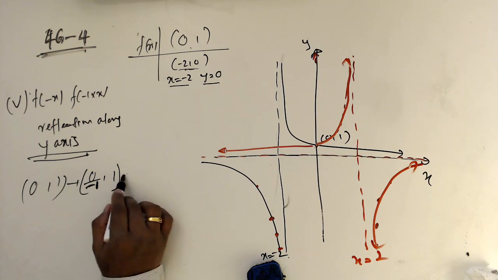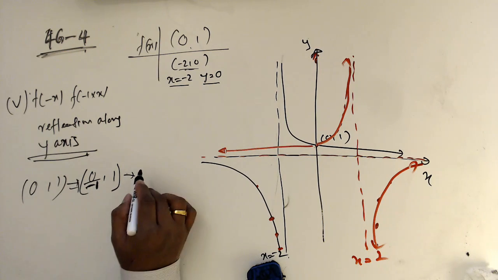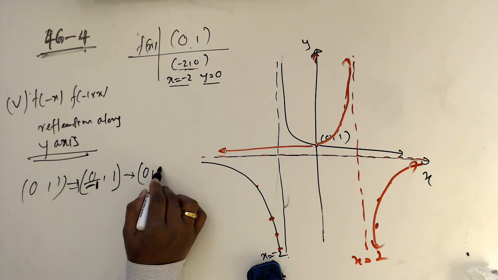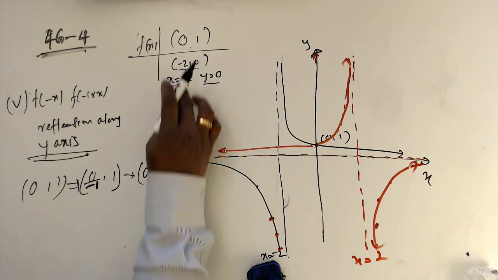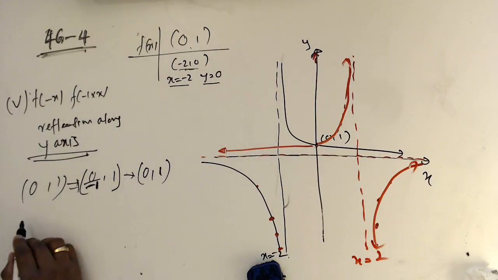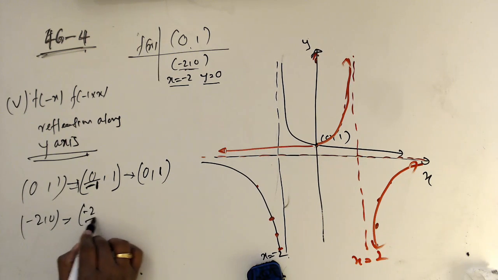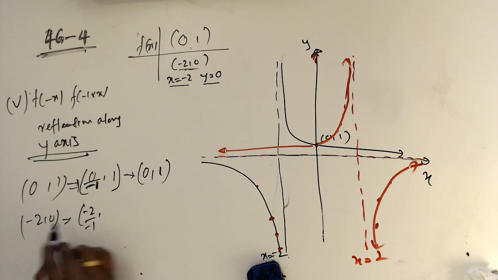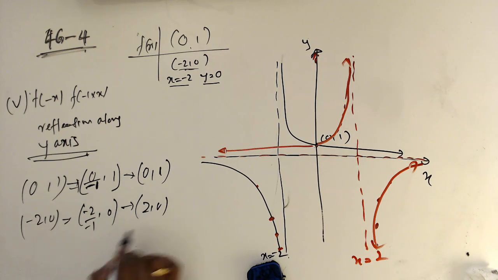Then 0 divided by minus 1 is 0, so the (0, 1) point is going to be still the same. Now if you select (minus 2, 0), then minus 2 divided by minus 1, and the y value is still the same. So it gives positive 2, 0.